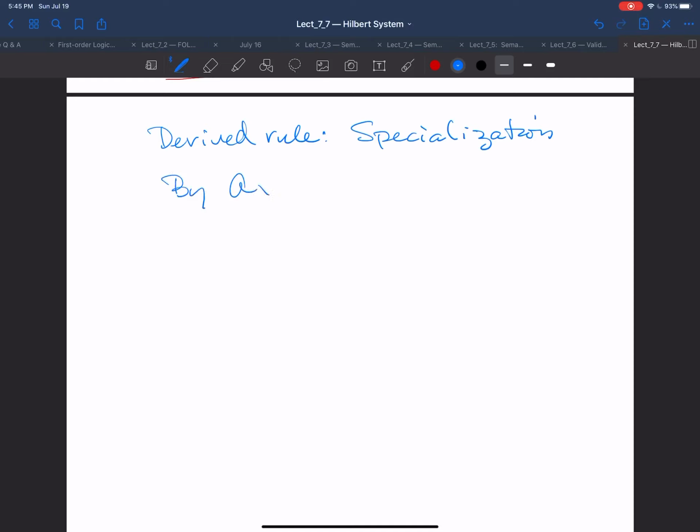By axiom 4, we have for all x, A of x implies A of x itself. Now x is free for itself in A, because in substituting x for any free occurrences of x in A, we just preserve the same free occurrences of x in A. Any new occurrences of x will simply be free occurrences.